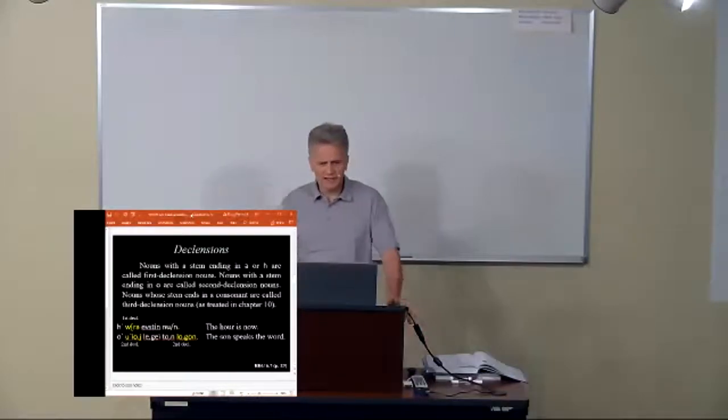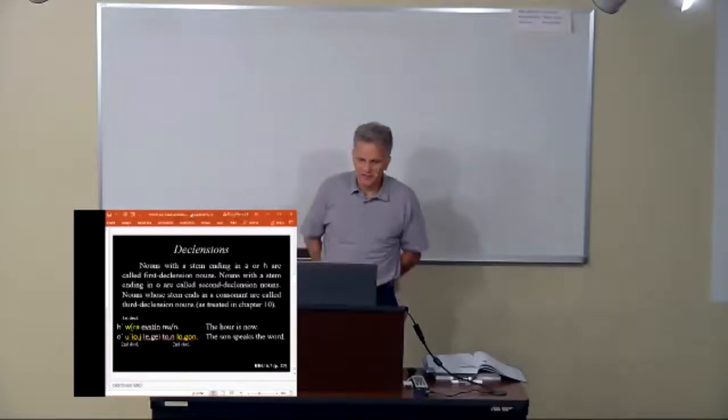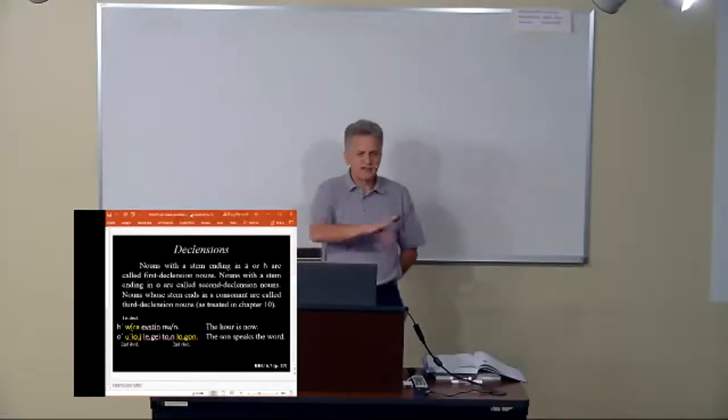Nouns with a stem ending in omicron are called second declension nouns. Nouns whose stem ends in a consonant are called third declension nouns. And we won't be looking at third declension nouns until chapter 10, so there's really no need to worry about the third declension.